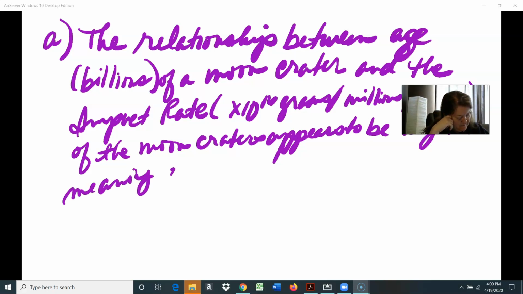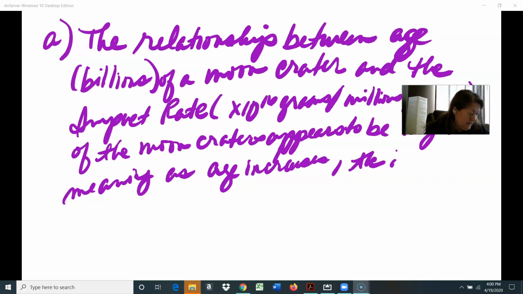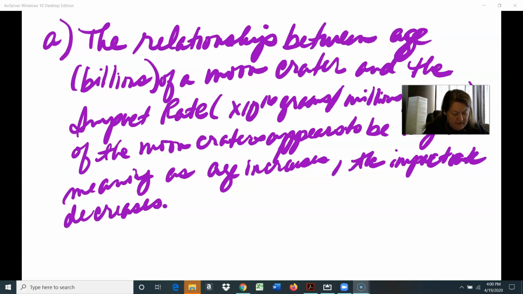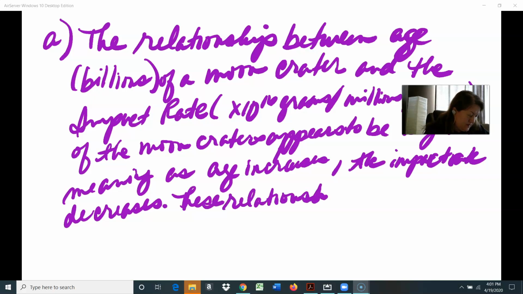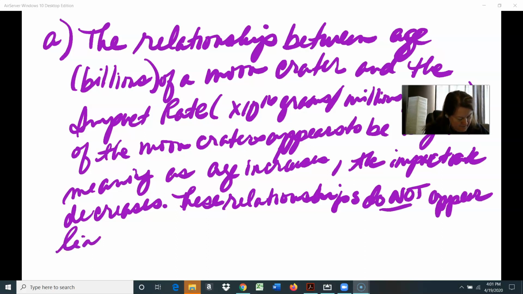Meaning, as age increases, the impact rate decreases. And then the other thing I would say is that these relationships do not appear linear. Okay, so something along those lines.